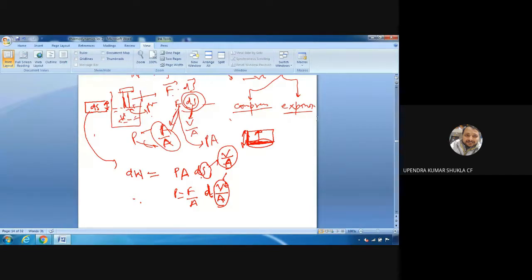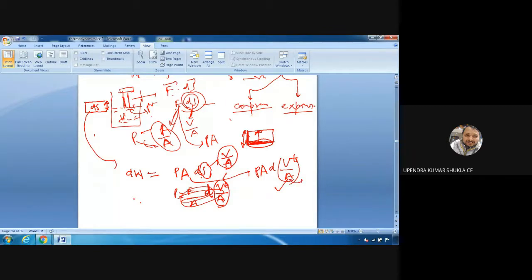So the force exerted by the piston on the fluid is equal to PA, which remains the same, and this ds we can write as dV by A. All right. So the displacement of the piston is equal to the total volume change of the fluid divided by the area of the piston.